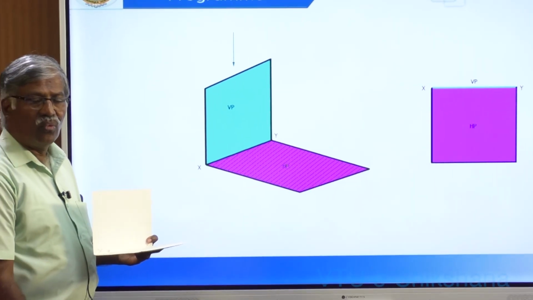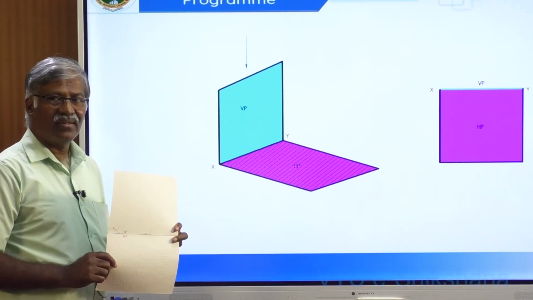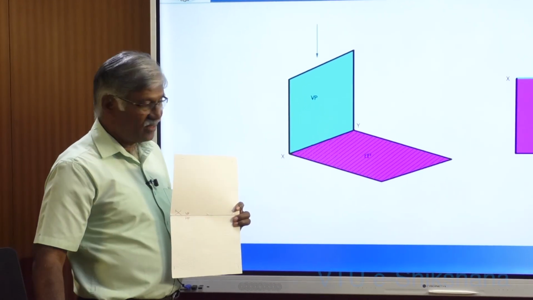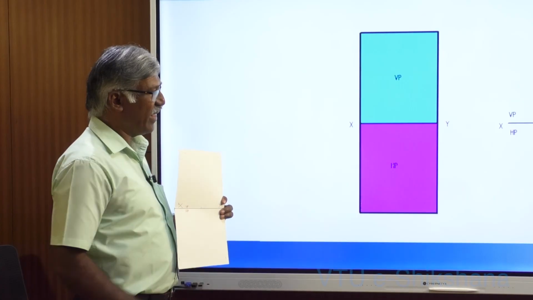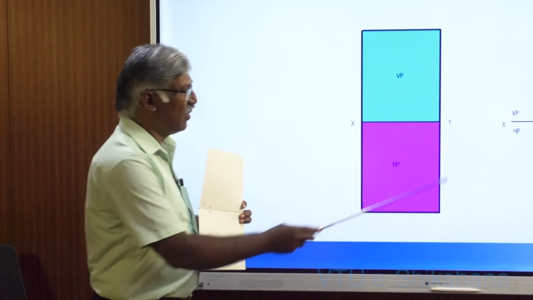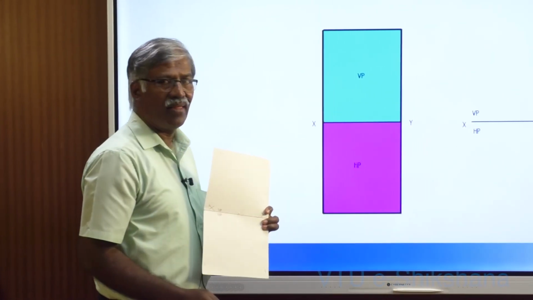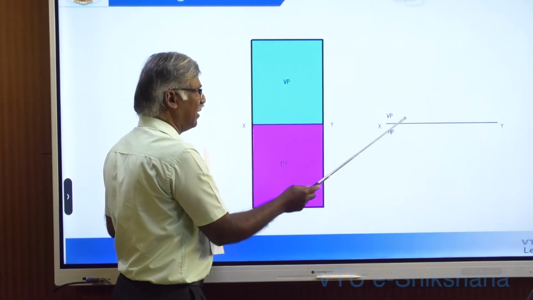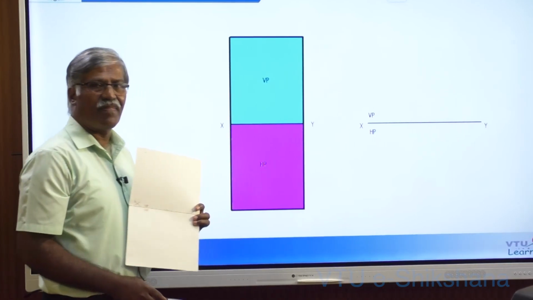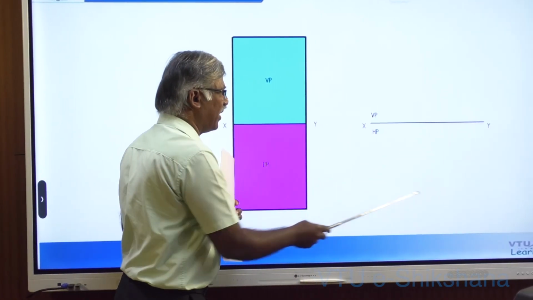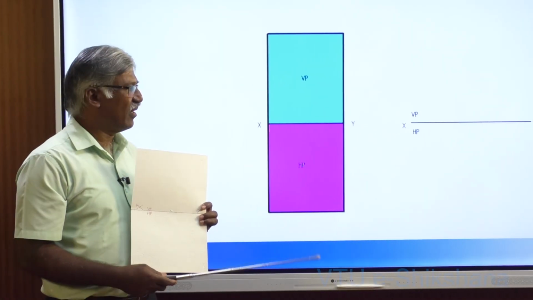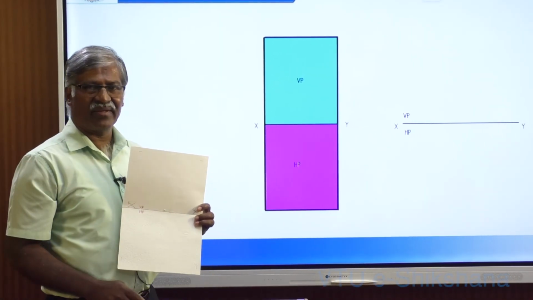Now this XY line is identified as VP-HP. Whenever you are in the VP area, the XY line acts as HP. Whenever you are in the HP area, the XY line acts as VP. That's why I always say XY is double acting.